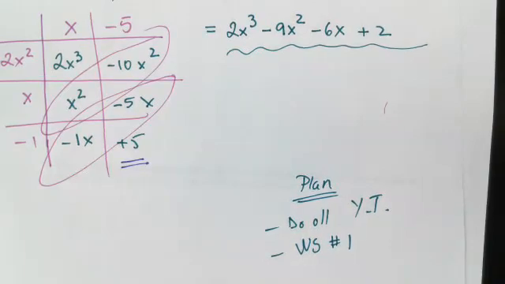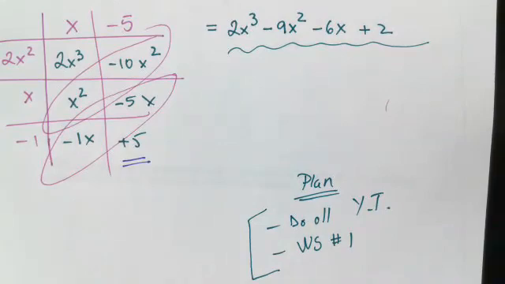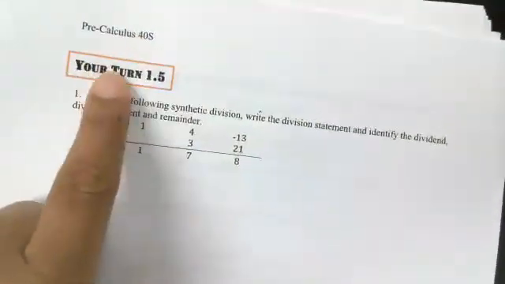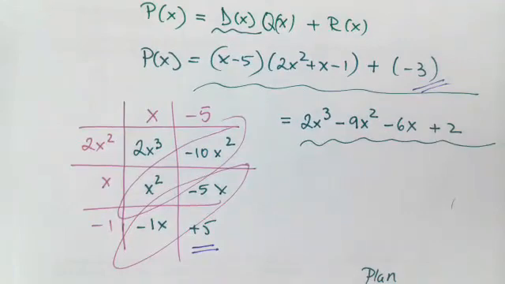You have one question with long division, one question with synthetic division, okay? And if you have everything done, you will be ready for your first assessment. So next class, at the end of the lesson, you will do the assessment, okay? The Your Turn exercise pages, and the worksheet.